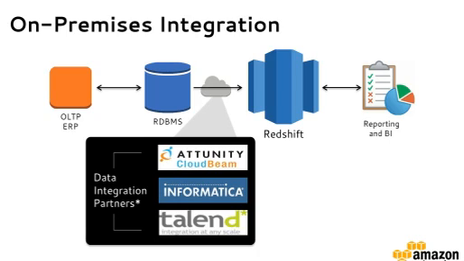You can see these partners on the list there, and the value is that the data comes in very easily, with low effort, wherever it is, either in the cloud or outside the cloud in a managed or hosted environment, into Redshift, and that process is relatively seamless. Regardless of where the databases are located, these partner solutions are designed to move and maintain the data into Redshift with very low effort.